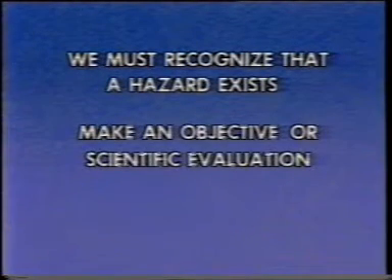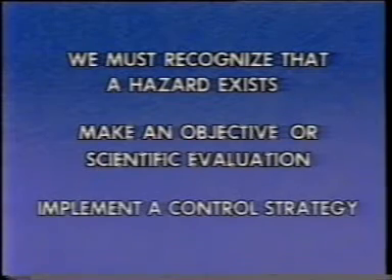Well, as we have seen, there are numerous ways available to us to control hazards. Let's just briefly recap the whole process. First, we must recognise that a hazard exists. Then, we must make an objective or scientific evaluation as to whether or not we need to control the risk presented. And finally, if necessary, we must implement a control strategy.